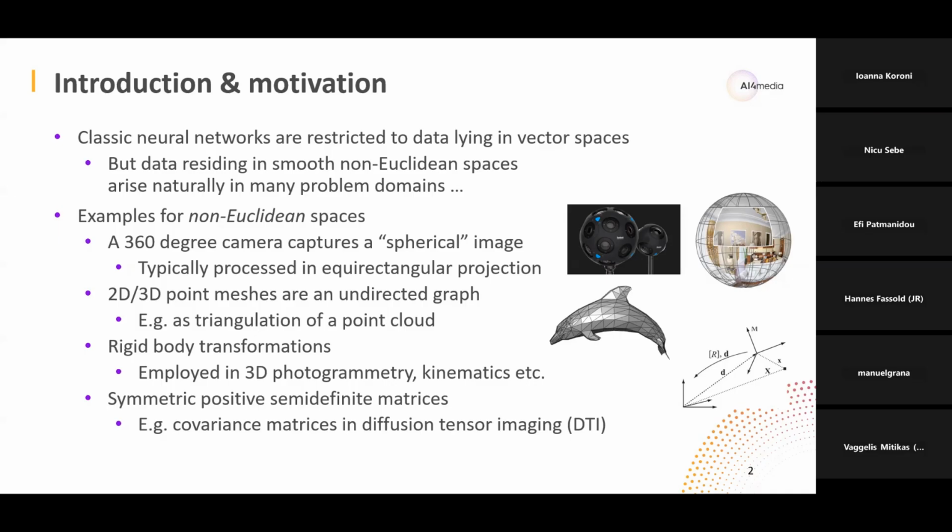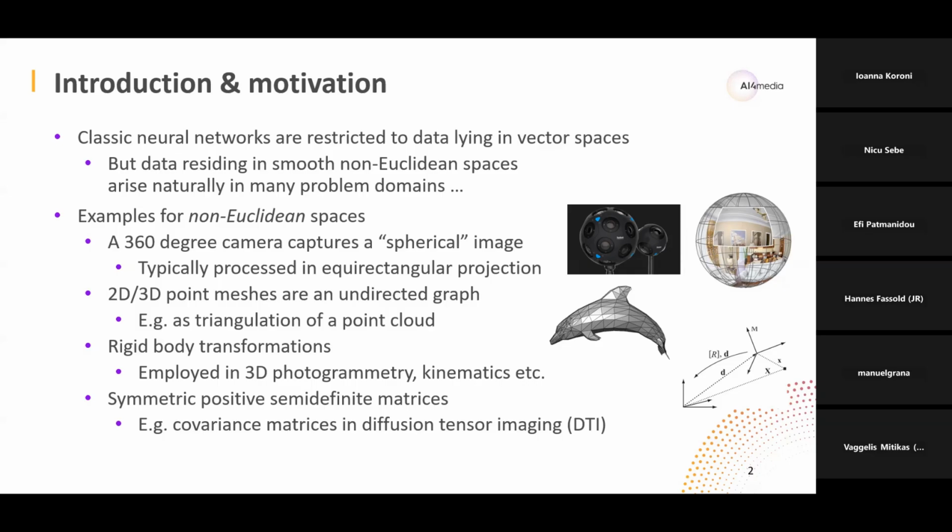Or also if you're doing human pose estimation, so you're getting sort of a skeleton in 2D and 3D, and that's also naturally a graph, of course. Then you have all these kinds of rigid body transformations. A rigid body transformation, as you will know, is a rotation and then a translation.